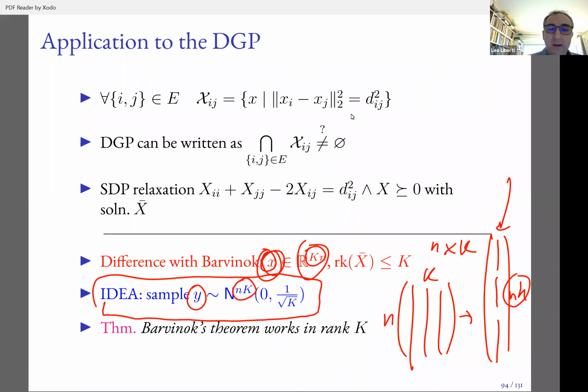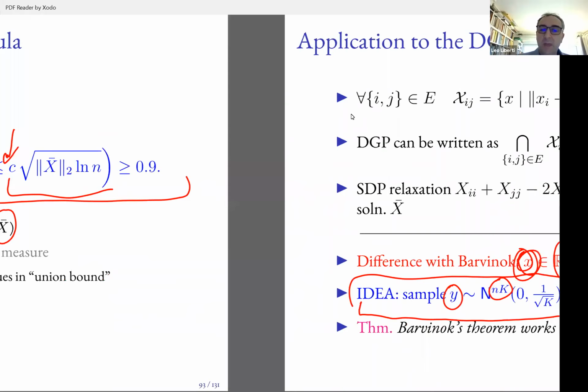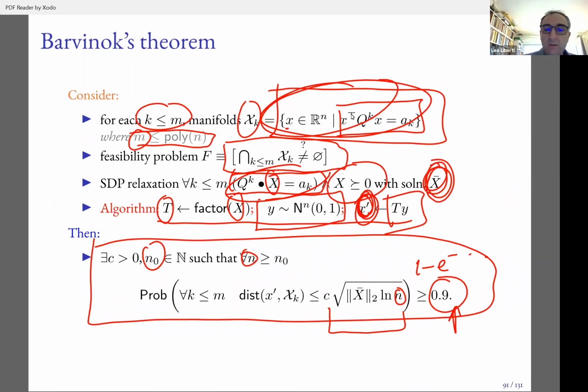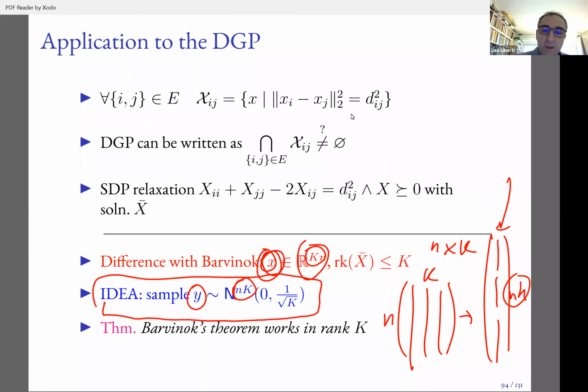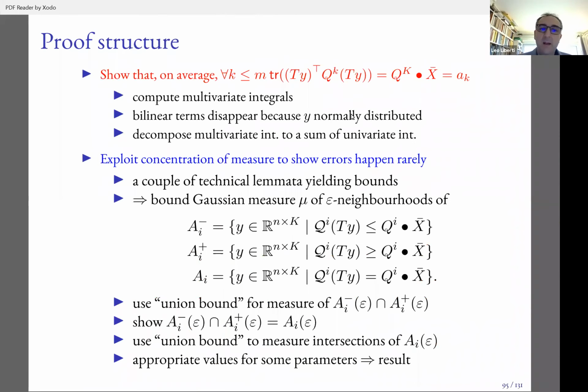So y here, instead of being a vector in n dimensions, it's now an n times k matrix, but you have to adjust the standard deviation to 1 over square root of k. Okay, so Barvinok's theorem works in rank k as well. I'll skip the proof structure.